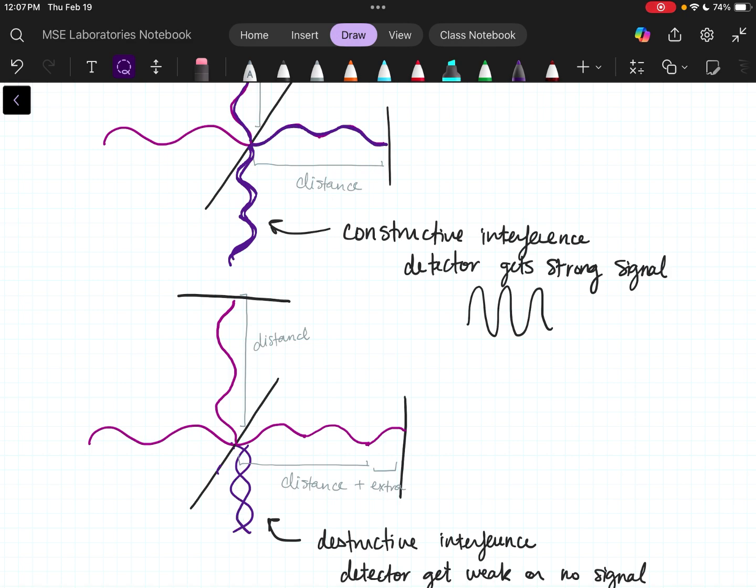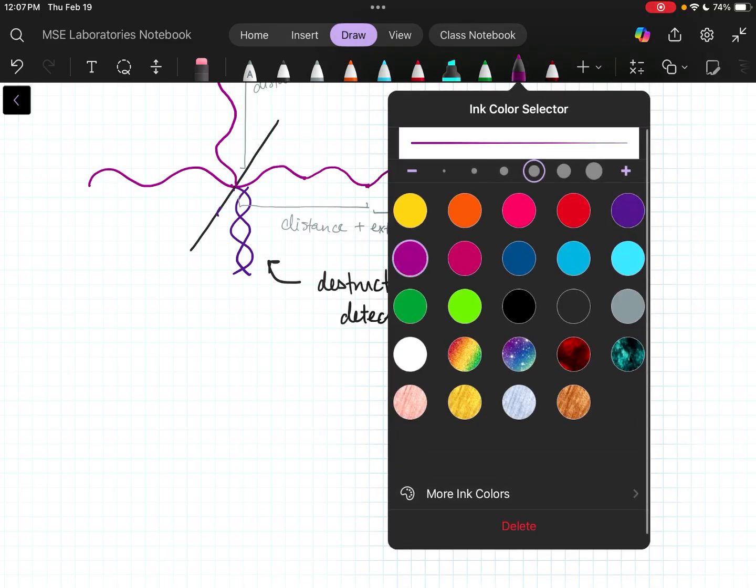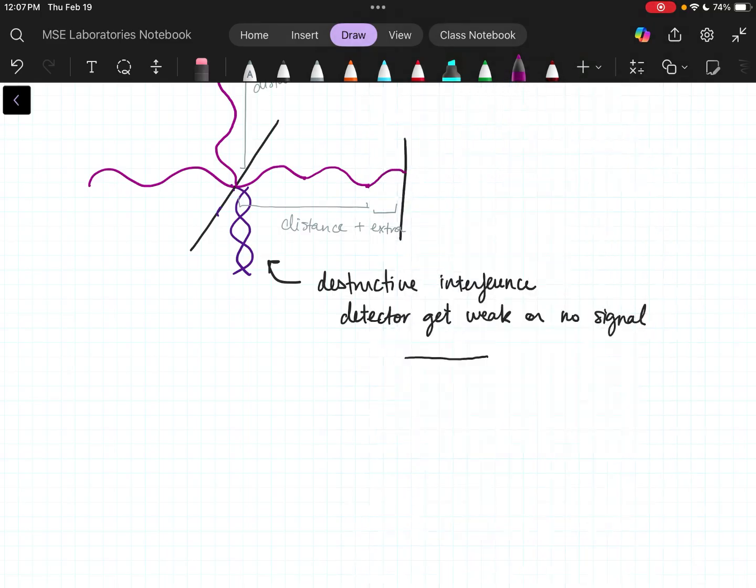Like there's no baseline, it's just there. No, because if we had a baseline, if it was holding still, we would have either this situation or this situation, where some wavelengths would always be destructive and some wavelengths would always be constructive. We'd be missing a portion of our data.